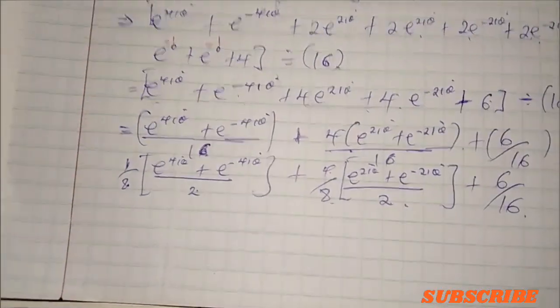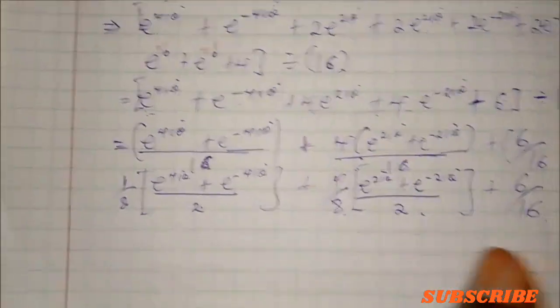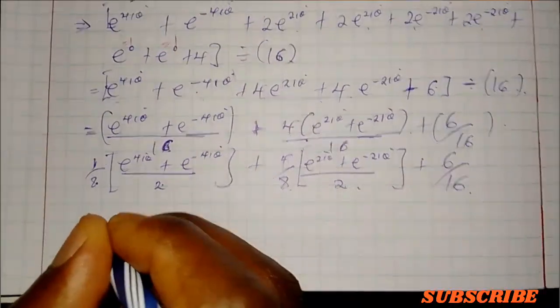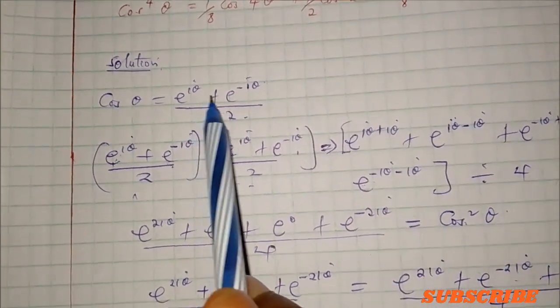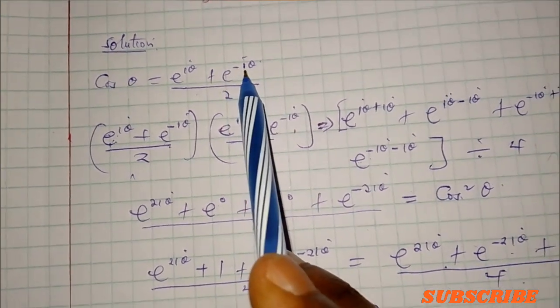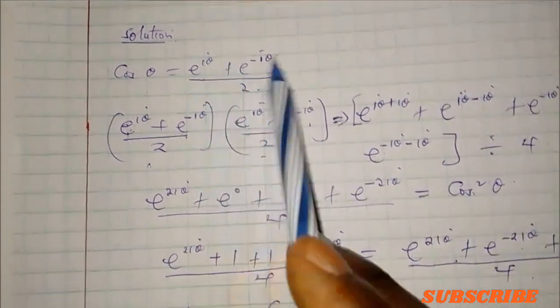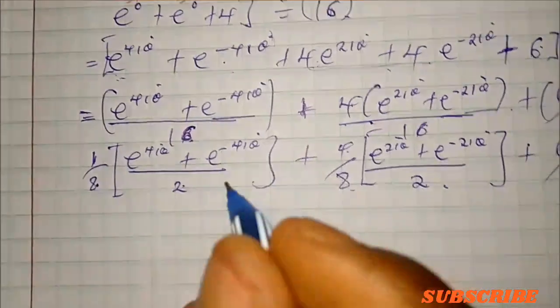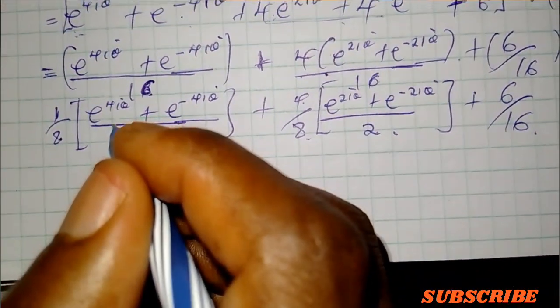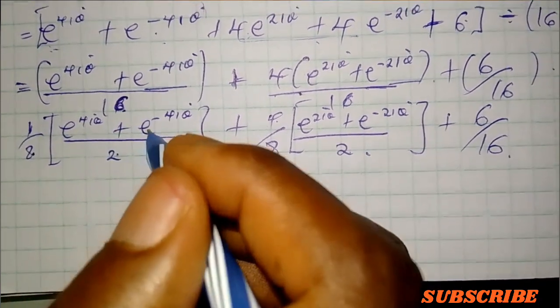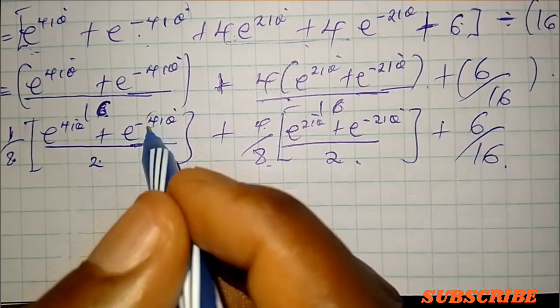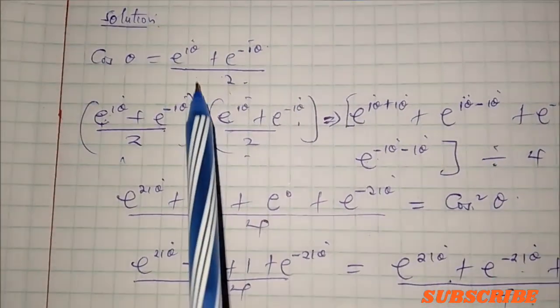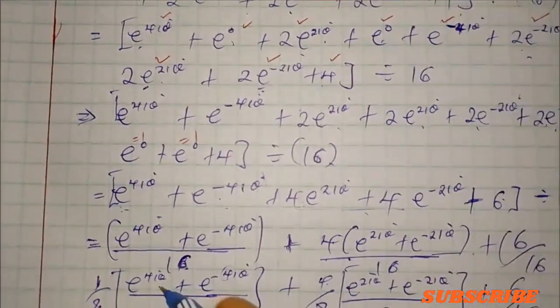So you can see that at this point we know that cos theta is given by e raised to power i theta plus e raised to power negative i theta, the whole of this over 2. And we have here e raised to power 4i theta plus e raised to power negative 4i theta over 2. So the only difference is this 4. This is cos theta, but now because of this 4, it will be cos 4 theta.